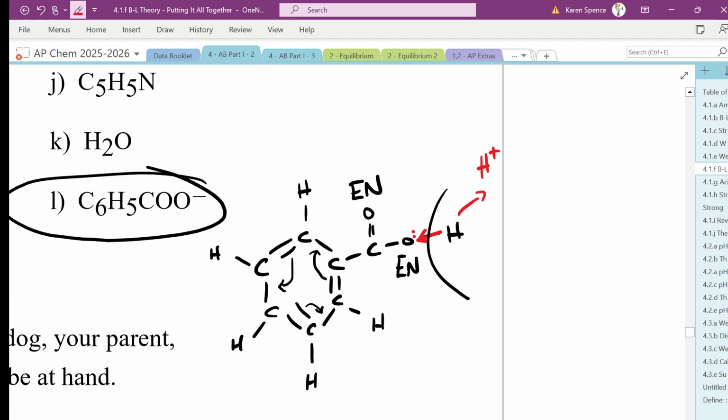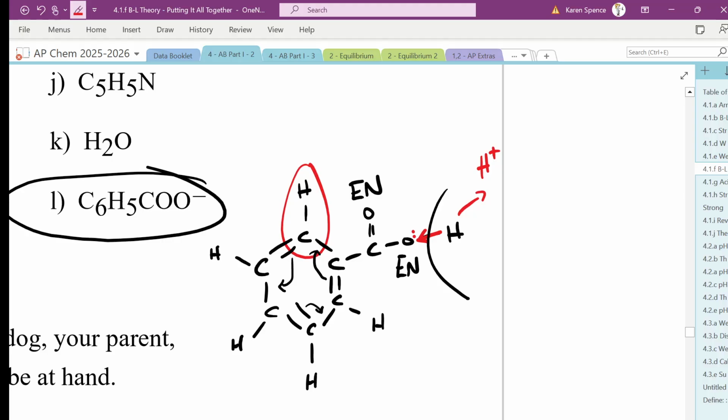Whereas these hydrogens are attached to carbon. Carbon has a very similar electronegativity to hydrogen. So that bond is not polar. The hydrogen is not lacking electrons. The electrons aren't being pulled away from it. So none of the other hydrogens will fall off.